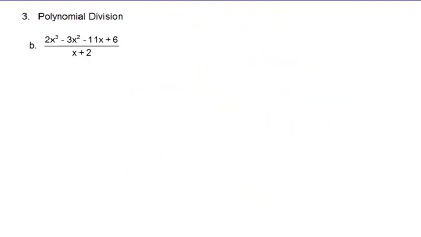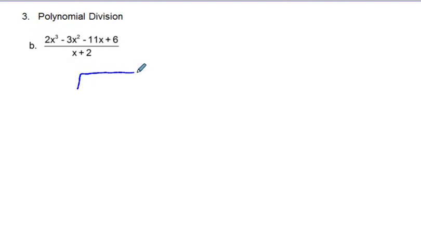Okay, next we'll look at problem B. We have 2x cubed minus 3x squared minus 11x plus 6 over x plus 2. And now we have a situation where our numerator is not as easily factorable. So we're going to use something called polynomial long division.